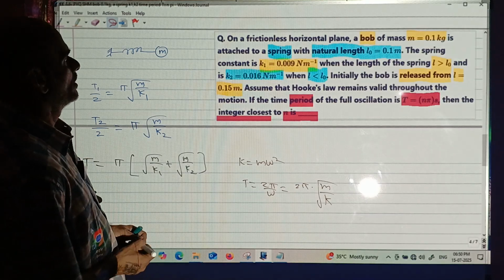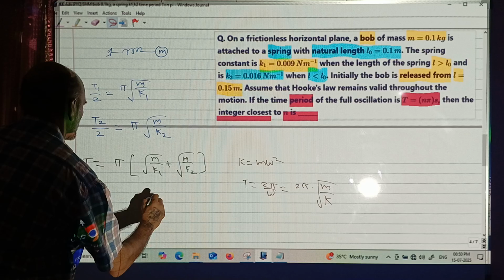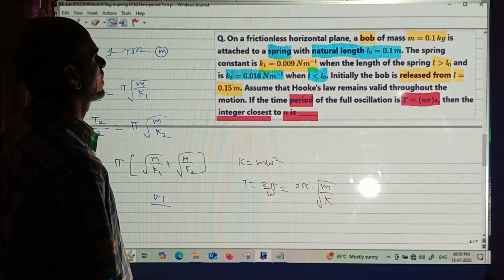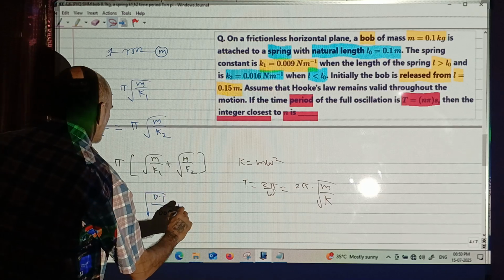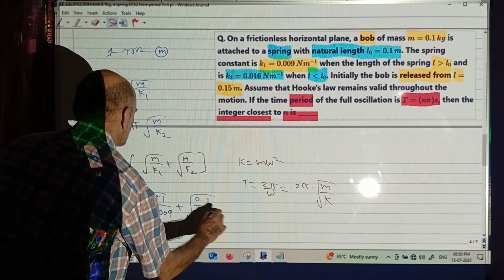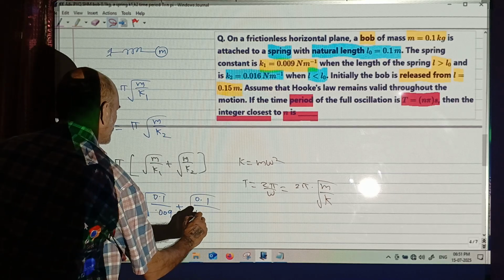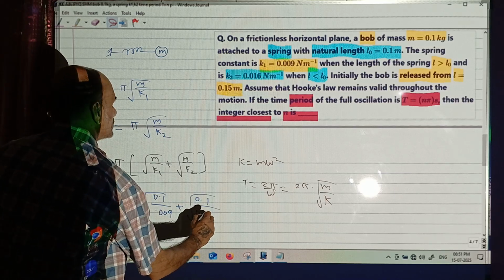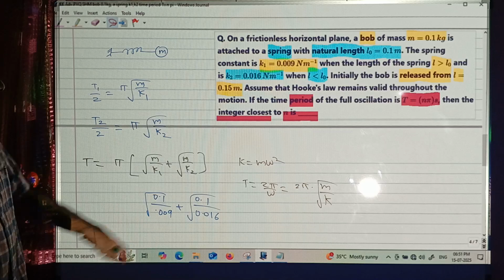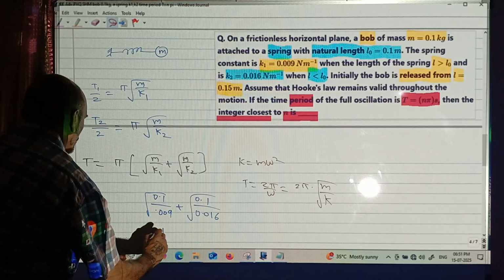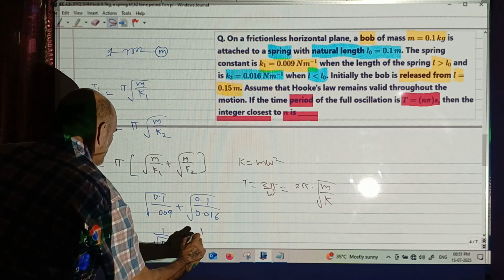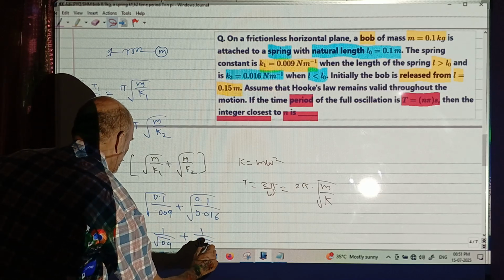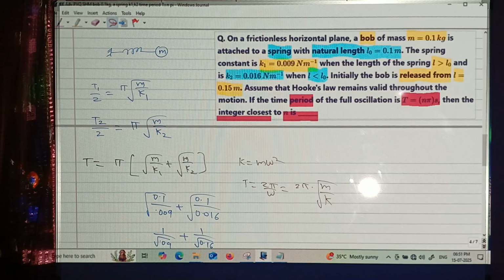M is 0.1, K1 is 0.009, square root, and K2 is 0.016. So this is 1 by square root of 0.09 plus 1 by square root of 0.16. These are perfect squares: 0.3 squared is 0.09 and 0.4 squared is 0.16.